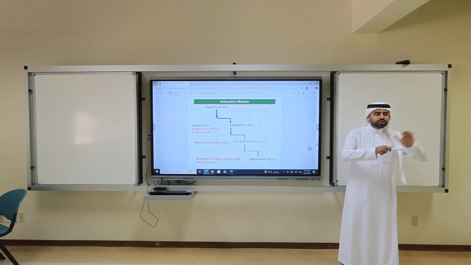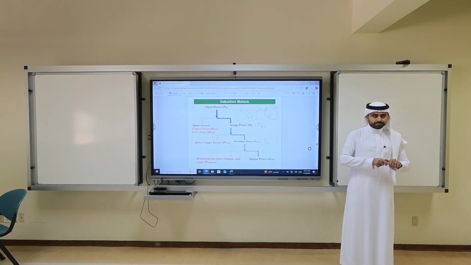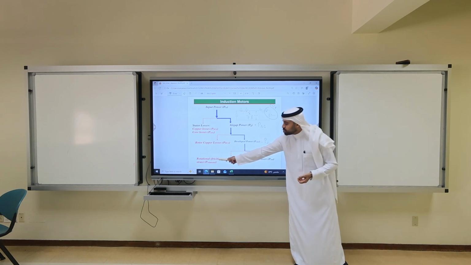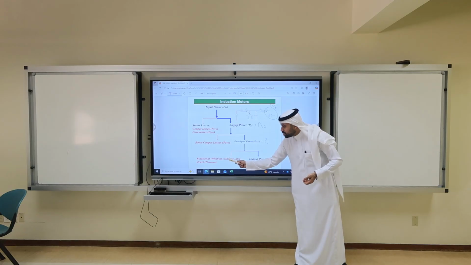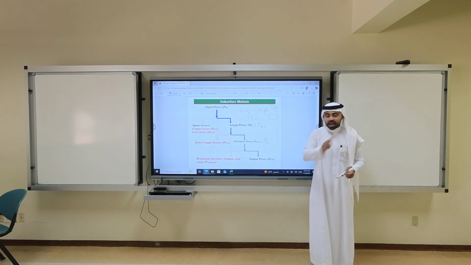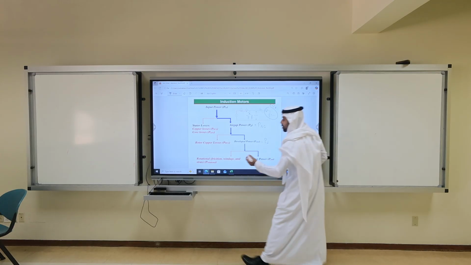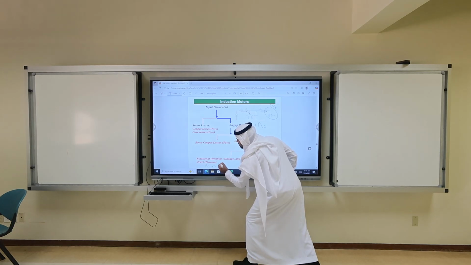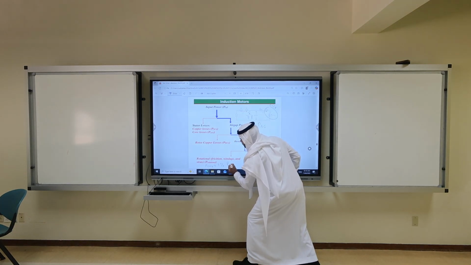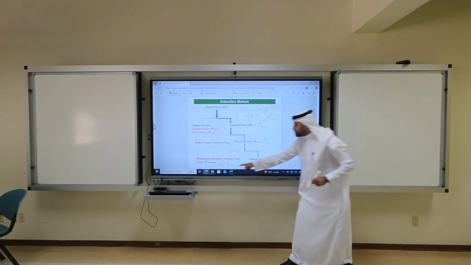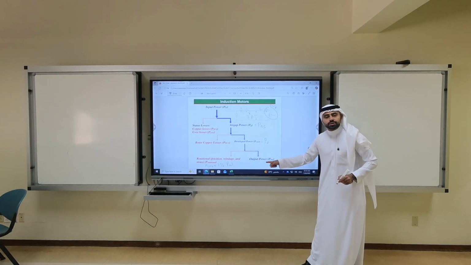Just before the friction and windage and stray losses. Because after it is developed from the magnet, I would lose some of it in the friction, windage and stray. Sometimes the stray losses, they say it is 1% of the P output.